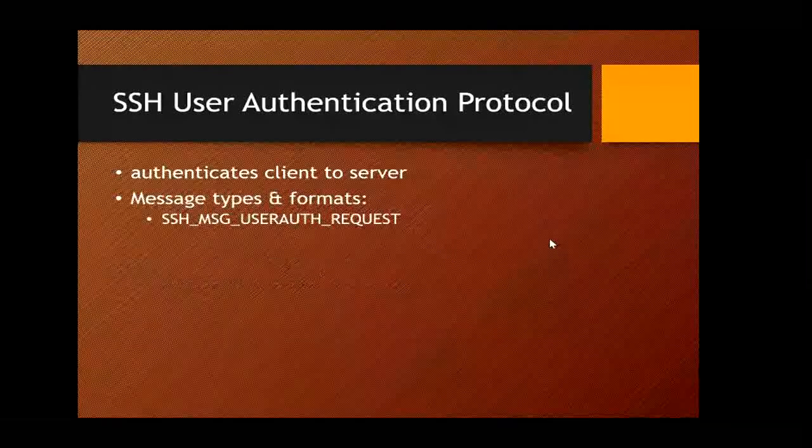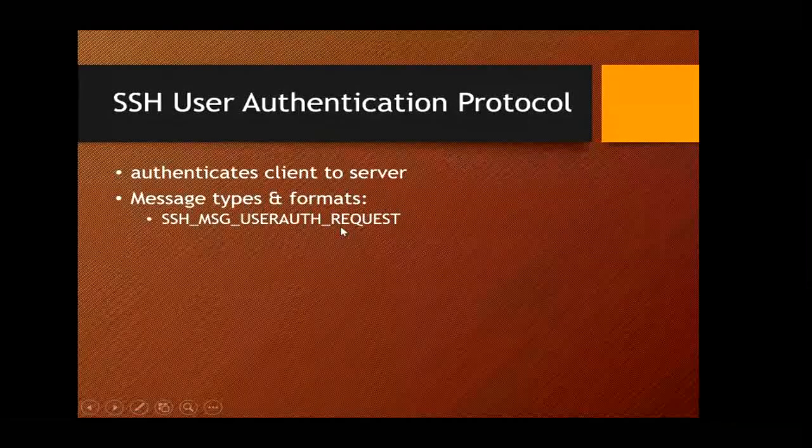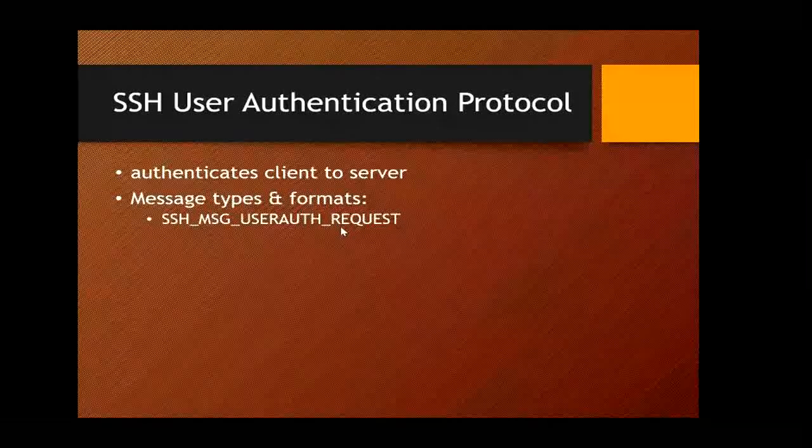So the first one is the message wherein the authentication requests occur from the client, and this message will have the format SSH_MSG_USERAUTH_REQUEST. So this is the format of the authentication request from the client.